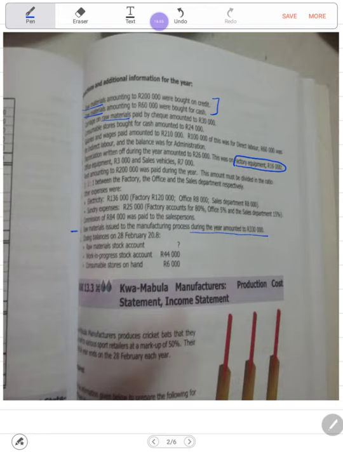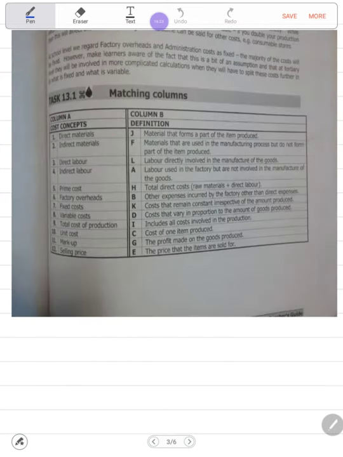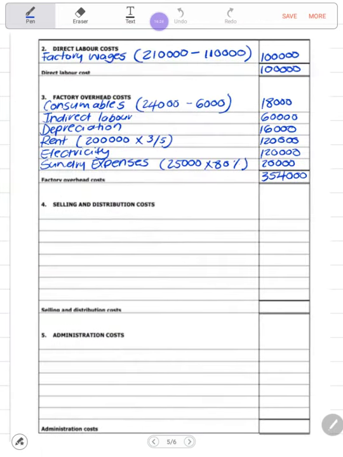Moving back, the depreciation, okay, it was 26,000, and then they said that, let me see, selling and distribution, remember sales is 7,000, so you're looking at anything to do with sales. So there's our selling, so depreciation was 7,000.